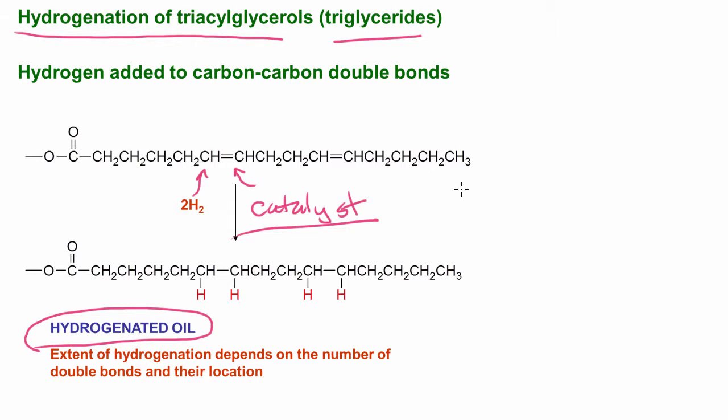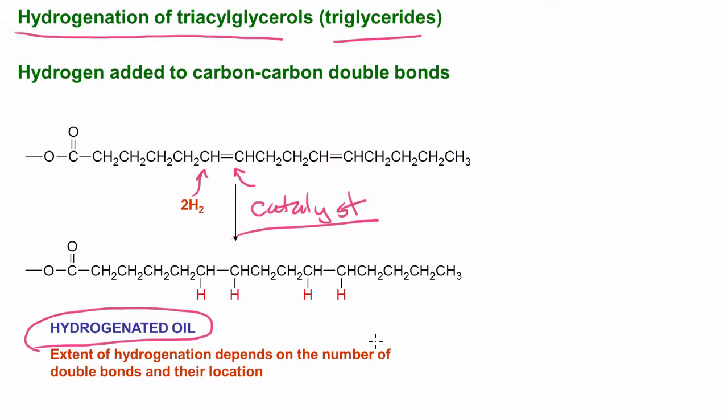So they take an oil, it undergoes a hydrogenation reaction, and you end up with a more solidified product like Crisco or margarine.